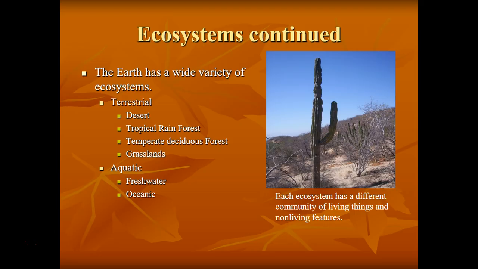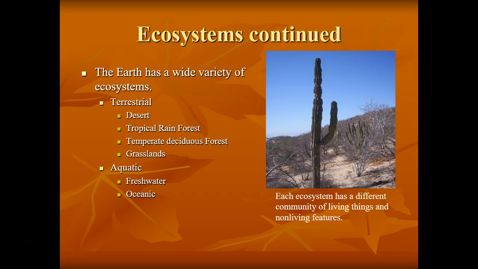They can be terrestrial, like your deserts, your rainforests, your grasslands. But we often forget that ecosystems also exist in aquatic environments as well, and typically we'll split those guys out in freshwater, so things like lakes, ponds, rivers, streams, versus the oceanic ecosystems we're going to see, which in and of itself is also very widely diverse, from coral reefs to organisms who live in intertidal zones to organisms who live out in the open ocean.